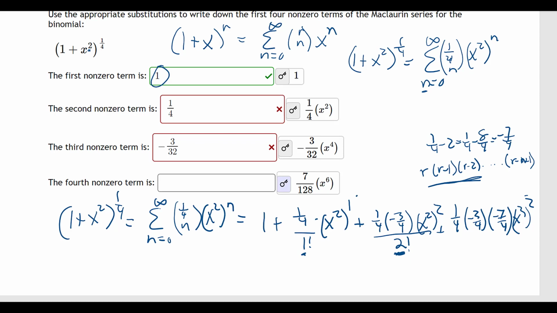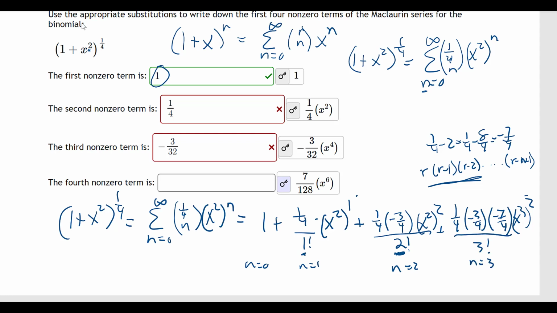So I feel like I'm missing a term. Oh, no, we have the 0 term, the 1 term, 2 term, 3 term. There we go. So n equals 0, n equals 1, n equals 2, and n equals 3. I forgot my divided by 3 factorial.